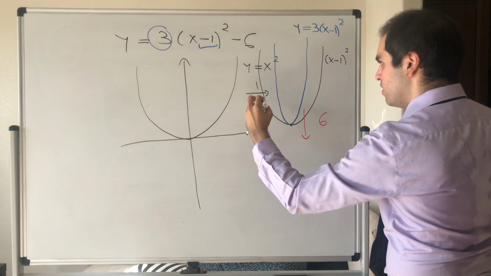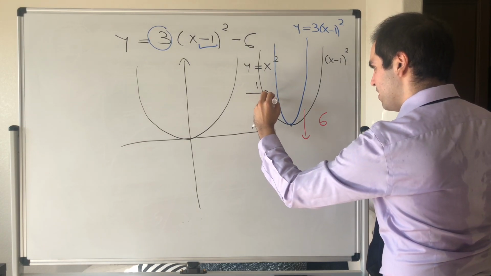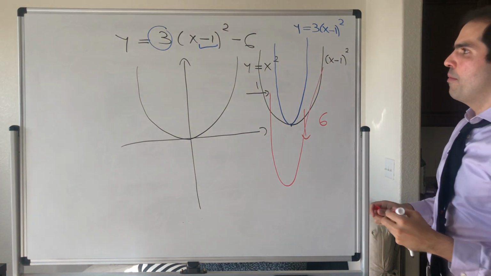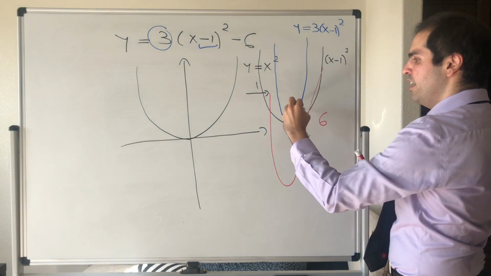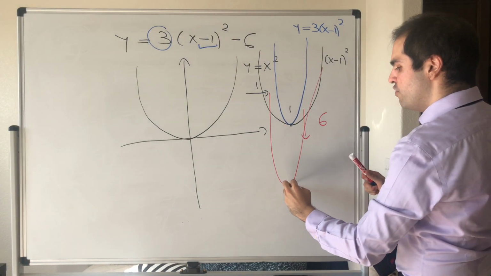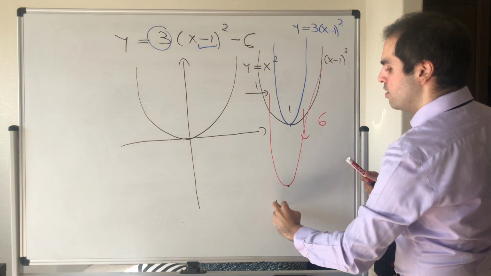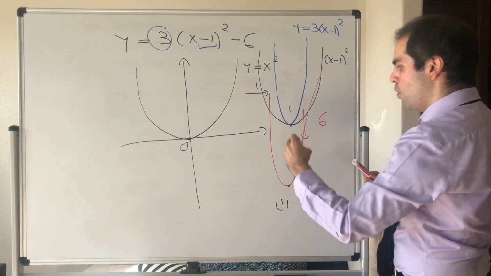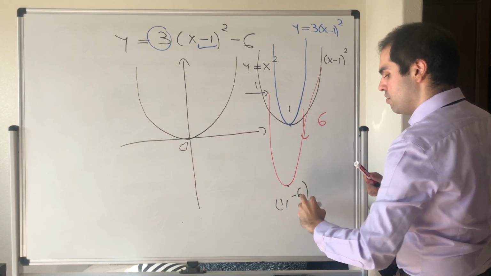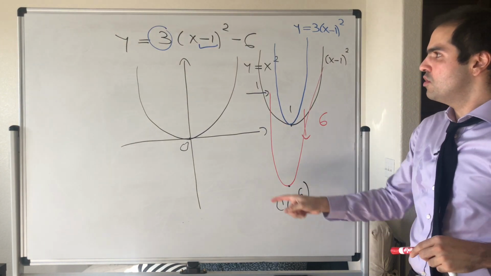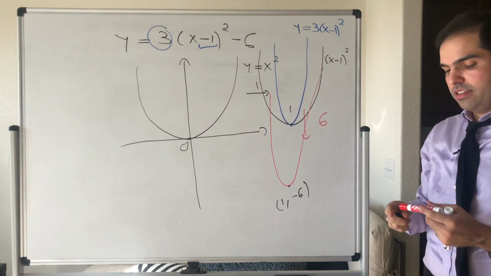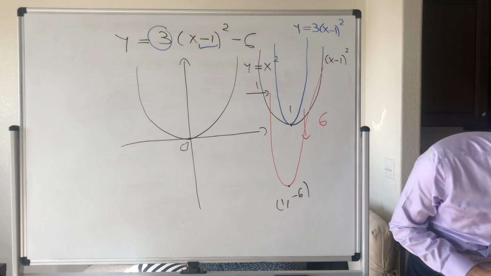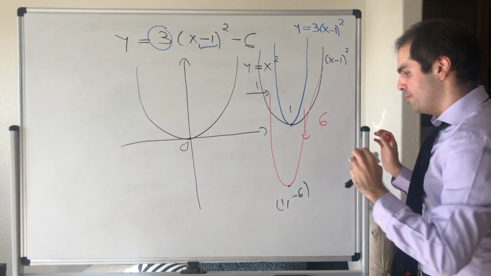So kind of what this finally looks like is maybe like this picture here. So it's like a very skinny parabola that is shifted to the right by 1 unit and shifted down by 6 units. So the new vertex is, so again, 0 becomes 1, so 1 comma minus 6. Again, 1 because you shift it to the right, minus 6 because you shift it down. And that is your original function, 3x squared minus 6x minus 3.